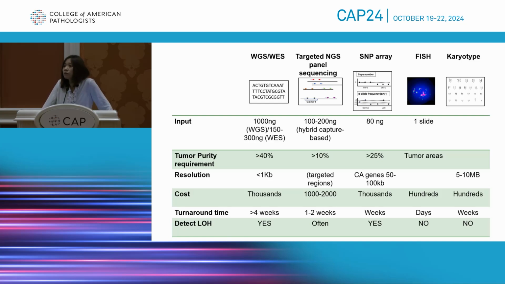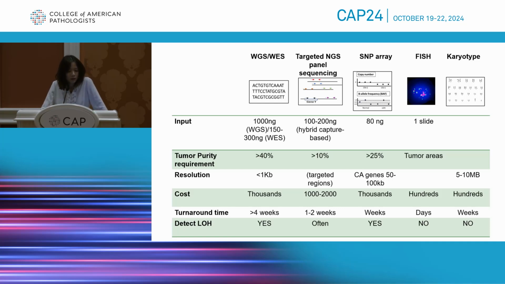But it gives you very good resolution, because after all, we are talking about sequencing down to the nucleotide base level. So you could have a very nice resolution when you are talking about copy number changes. But it's expensive, and it takes a long time. But it also gives you the information of loss of heterozygosity.